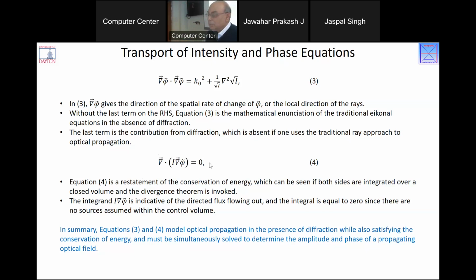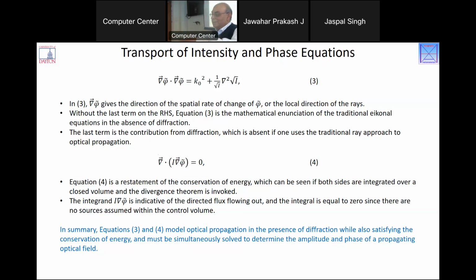But as it turns out, this, in fact, is the equation from which you get the transport of intensity equation. Because why? From here, as you will see, this shows how the intensity is going to change plane to plane, which I'll show in the next slides.